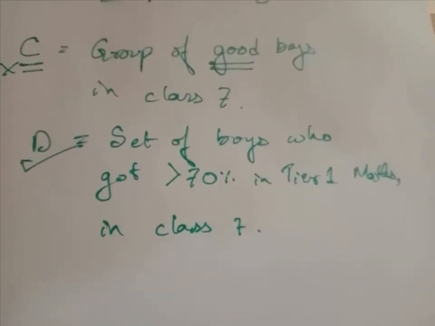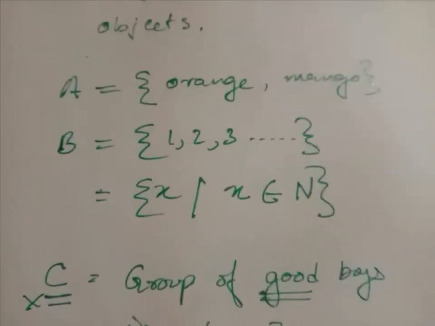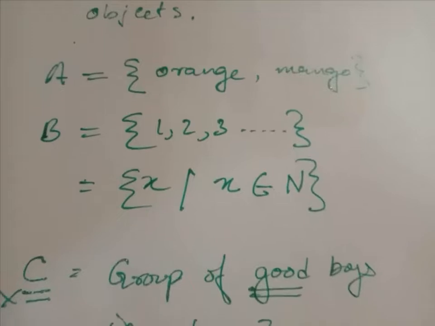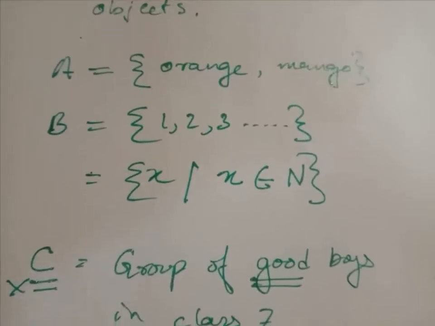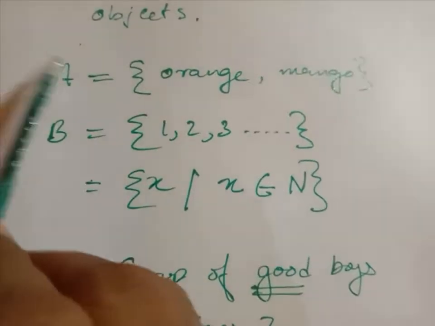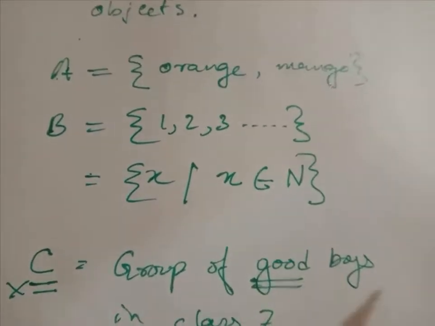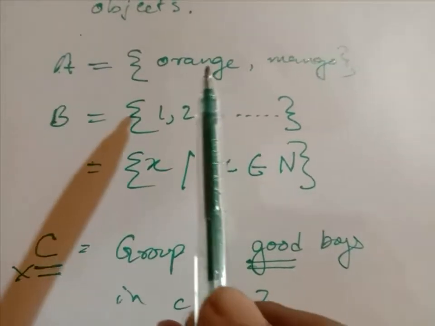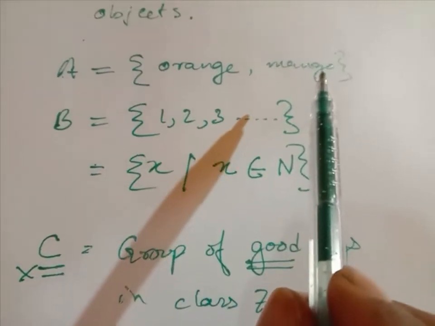Now this brings us to the next topic, the cardinality of a set. Before going to cardinality, let us consider these two sets A and B. How many elements are there in set A? 1 and 2.